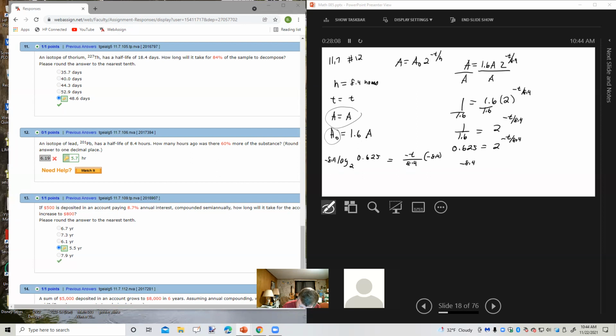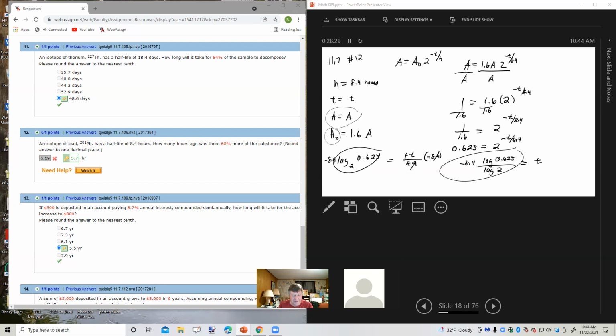I'm going to use the change of base formula on this. So then I get log of 0.625, all divided by the log of 2, equals, on the right side, the 8.4 is reduced out, and negative times negative is positive. So the time is going to be this whole thing.